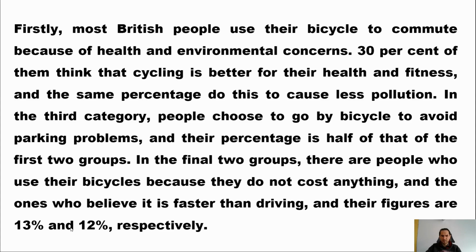Now respectively means 13 for the first group I mentioned here, so people who use their bicycles because they do not cost anything, and 12 is the rate for the ones who believe it is faster than driving. So my first intro body paragraph is finished.